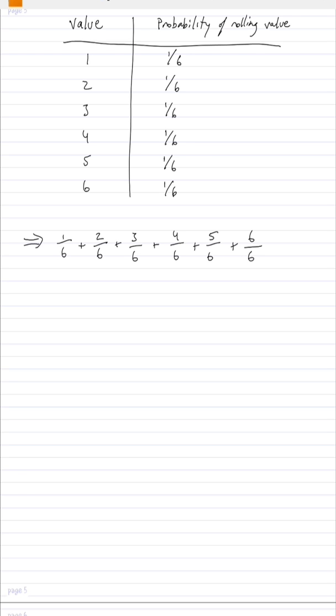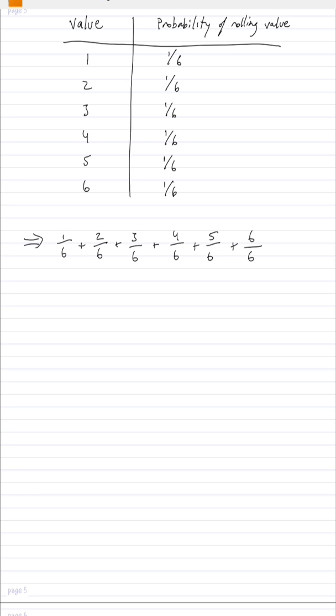What we've done here is multiply the value that we're going to get with the probability of it happening. So 1 multiplied by 1 over 6, 2 multiplied by 1 over 6, 3 multiplied by 1 over 6, etc.